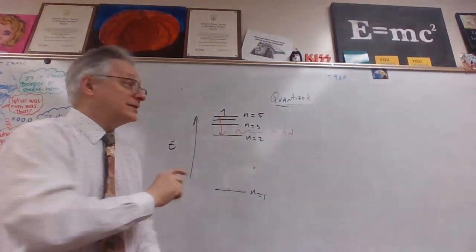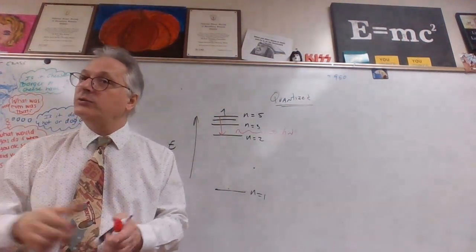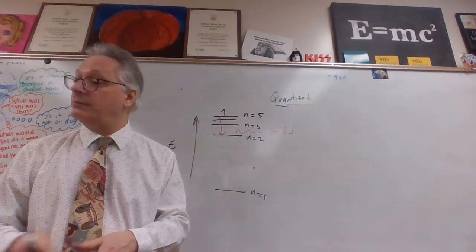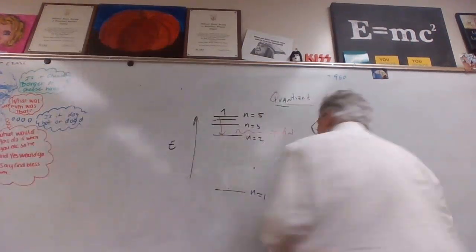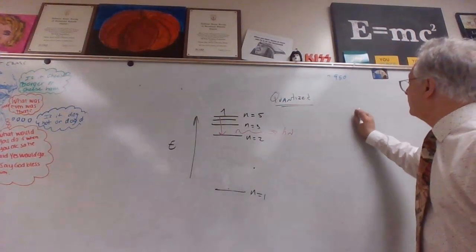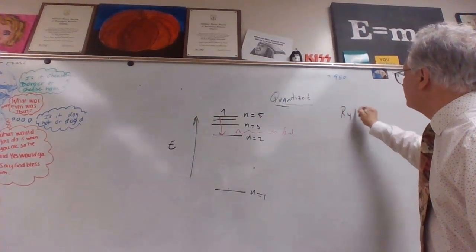After we looked at this, we said, well, there's an equation that we can use to get the wavelength of that photon, or the energy. And that was called the Rydberg equation.